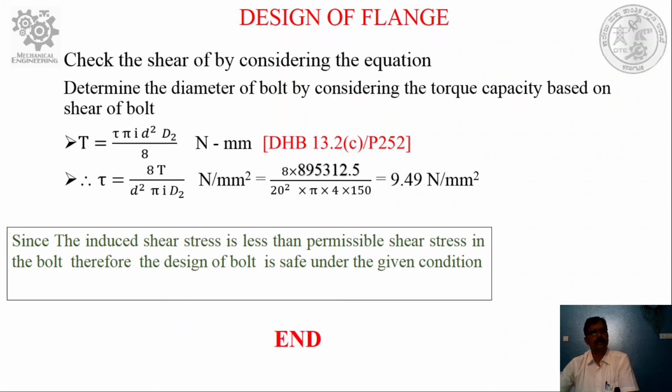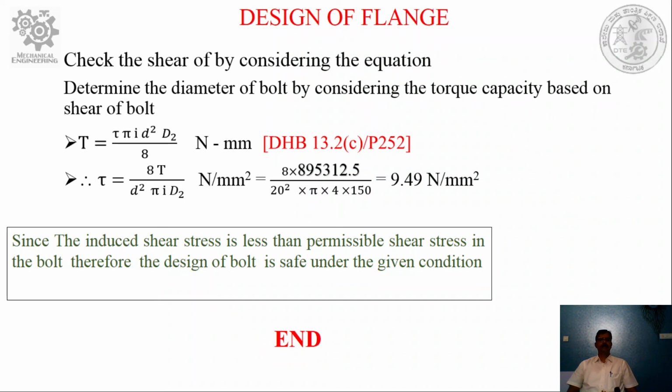Now that's all for the design of flange couplings. Here is the design summary. First of all, we design the shaft diameter, which depends upon the transmitted torque, the power and the RPM.